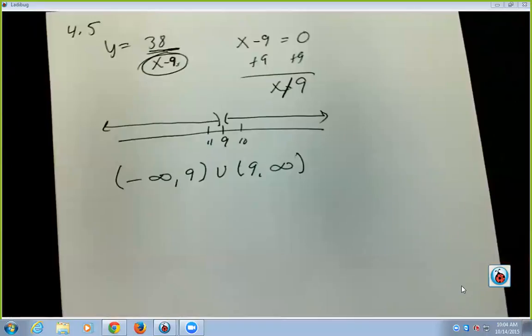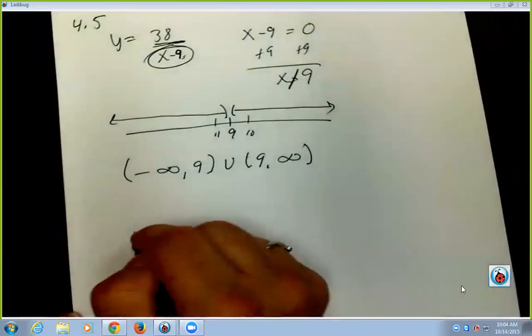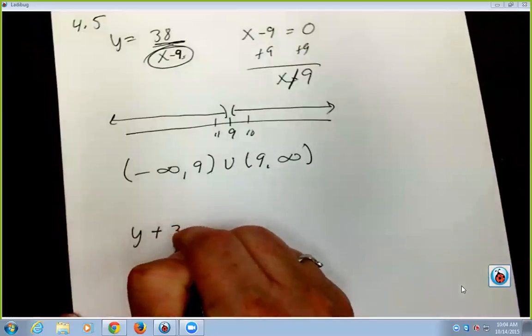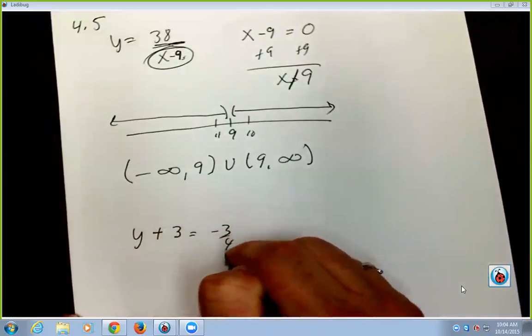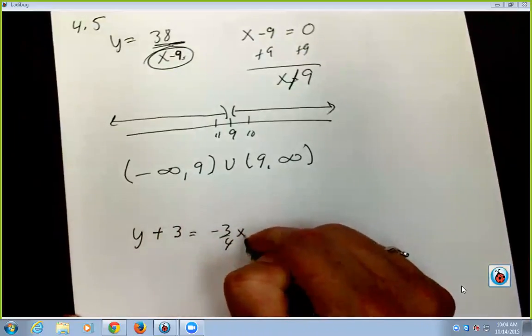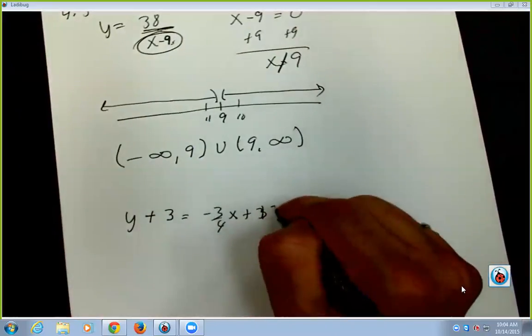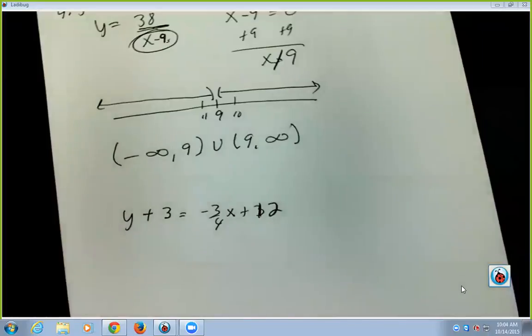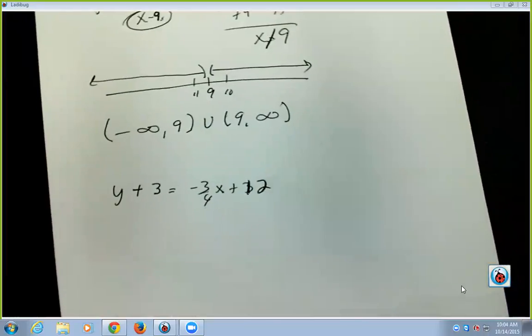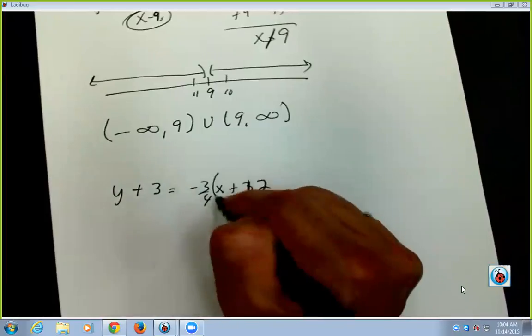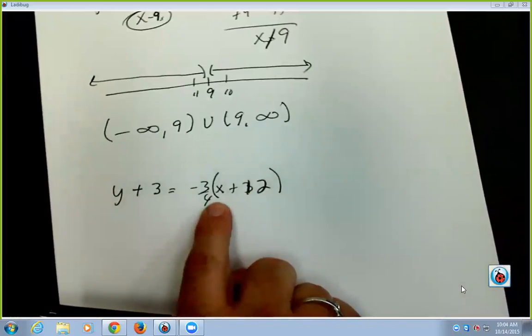Like stuff like this: y plus 3 equals negative 3/4 x plus 3. And you probably had plus 12? And probably what we had to do with this one is come up with a point, right? I think that's what it asked you to do. This was inside of parentheses, though, wasn't it? The x plus 12? Yeah.